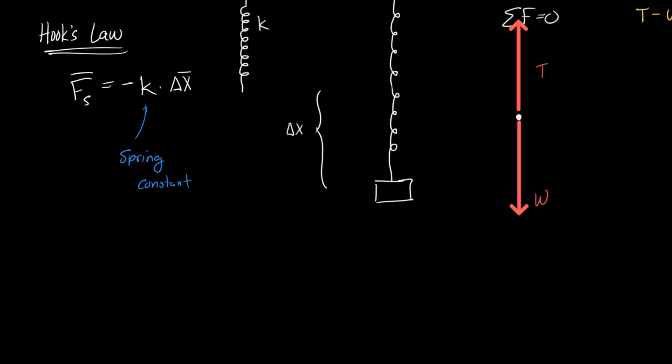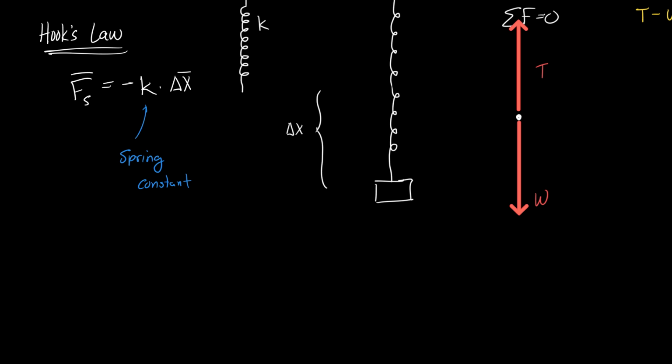Now, there's things here that I want you to know too, like the spring constant, that proportionality constant. That's how hard the spring pushes. A higher spring constant would be a spring that pushes more. It would take more force to push it in or pull it out. So if k gets bigger, it's more difficult to deform the spring.